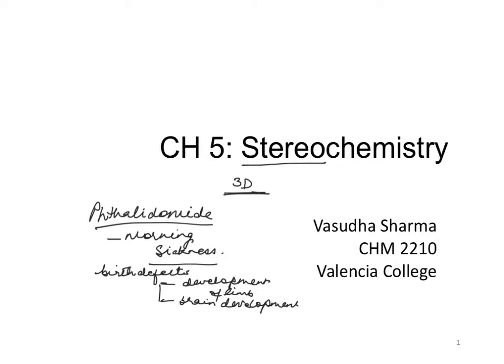When the structure was deciphered, what was found was that if you compare the structure of thalidomide, which contains a C double bond O and a solid line on this one, NH and NH.